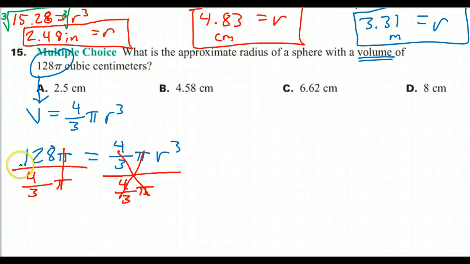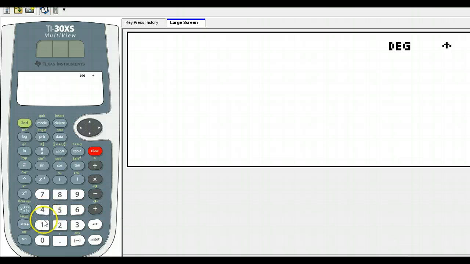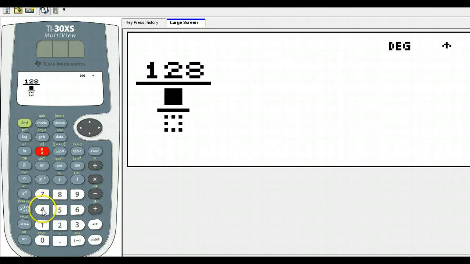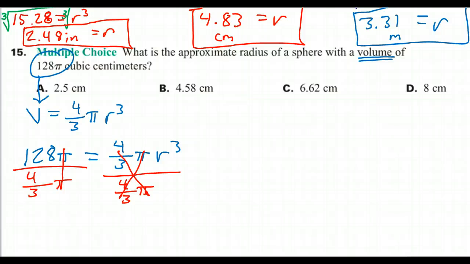So I'm just going to type in 128 over 4/3. Okay, that turns out to be 96. So that gives me that 96 is equal to r to the 3rd power.